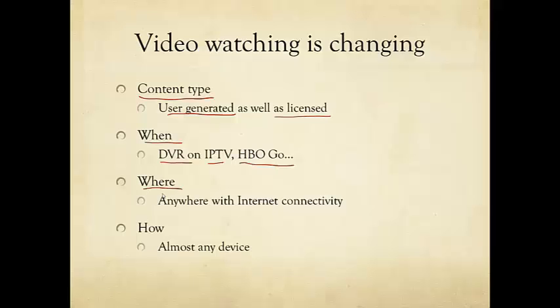Where we watch it used to be a living room, for example, and now it's pretty much anywhere as long as there's internet connectivity. How do we watch it? It used to be on a TV or a desktop, and now it's almost any device, including your phone, your tablet, games console, and so on.